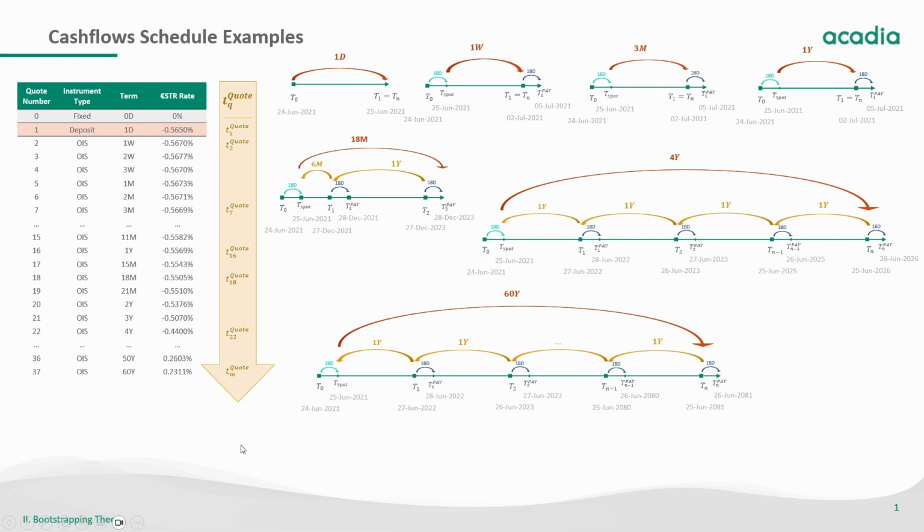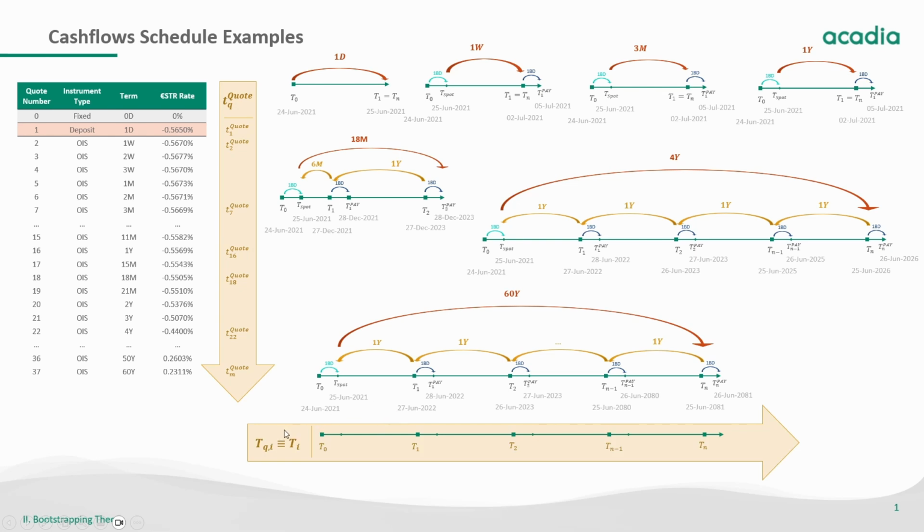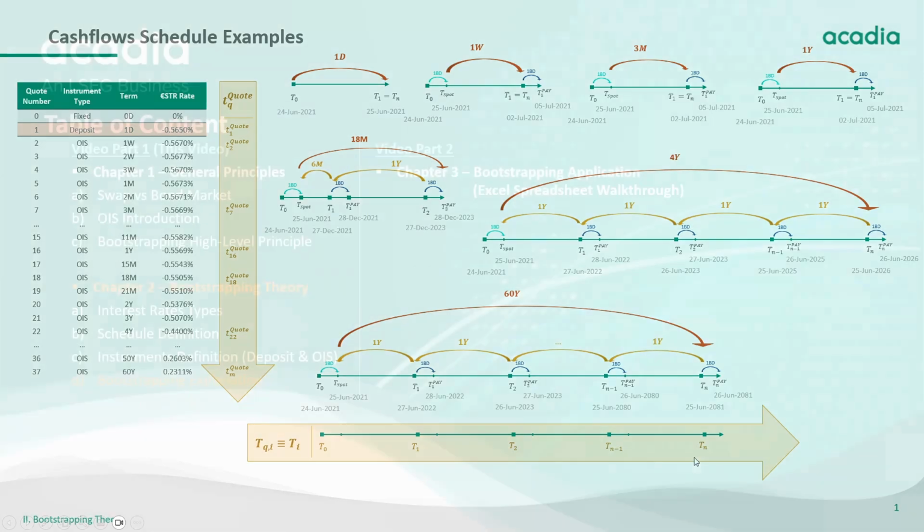And for each of these quotes, we have a specific cash flow schedule with the cash flow schedule dates marked as upper T, iterating from 1 to little n, which is the maturity date of the quoted instrument.